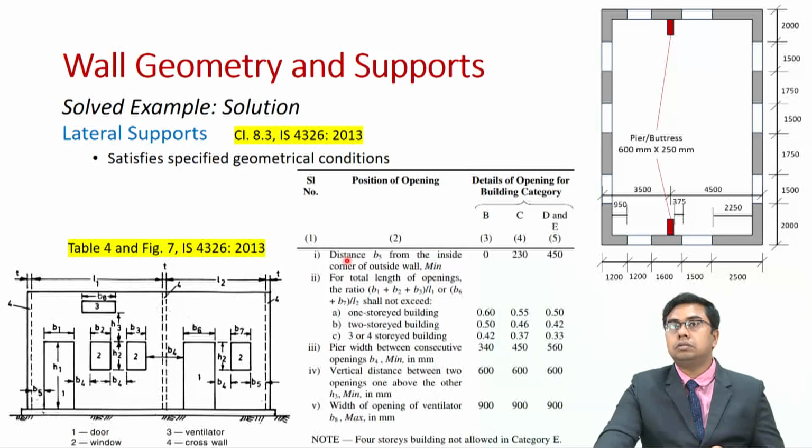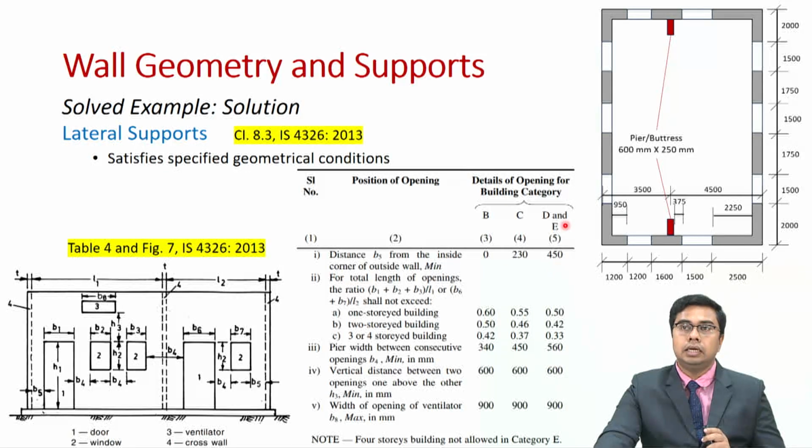So, the distance B5 from inside corner of the outside wall, from inside corner of the outside wall up to the opening. This is the distance B5, as you can see in this figure. In our case, that is 2250 here, here it is 950. What is the minimum that you need to have?